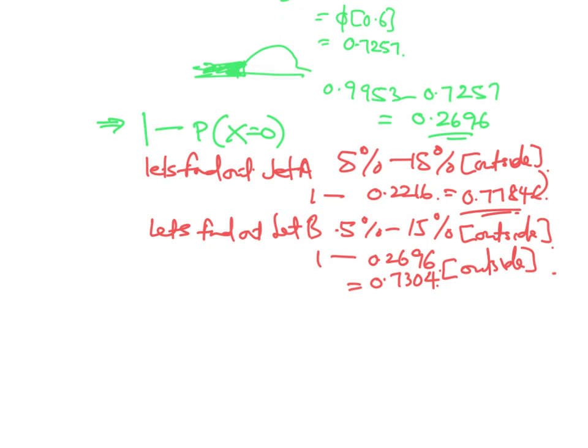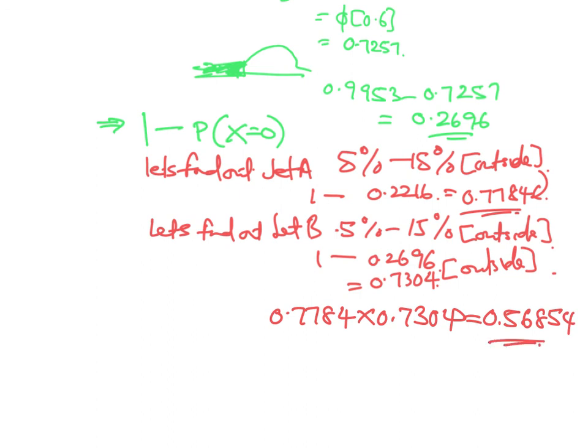So if I multiply these two, 0.7784 multiplied by 0.7304, I'm getting 0.56854. This is the probability for both jets, jet A and jet B, outside the concentration of 5% to 15%.